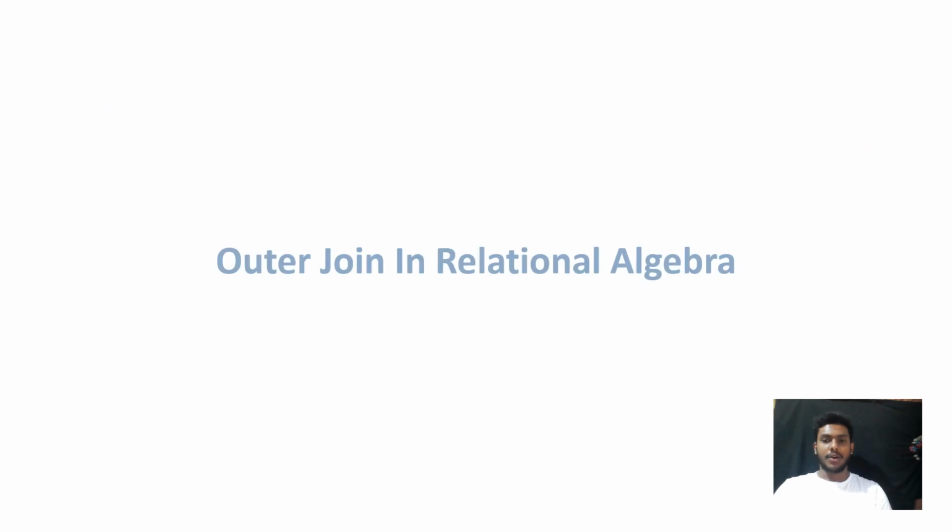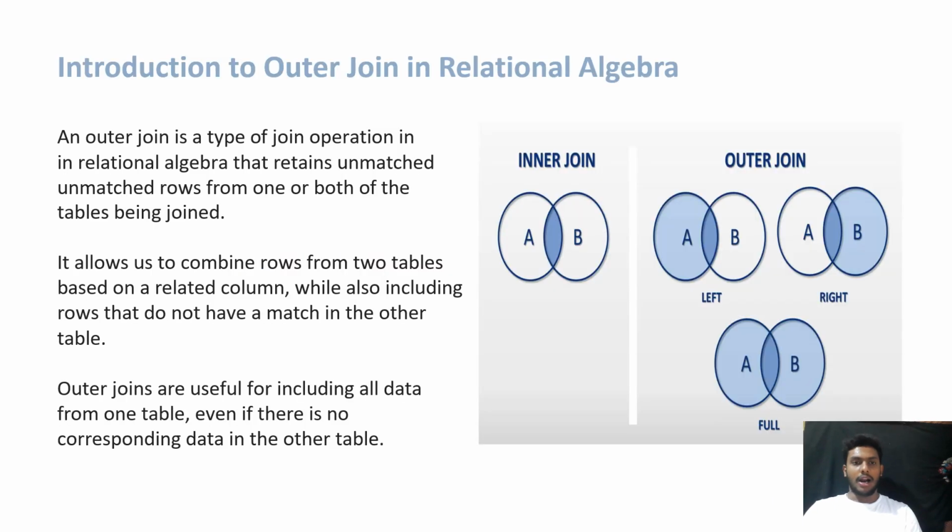Today in this video I am going to discuss outer join in relational algebra. Introduction to outer join in relational algebra. An outer join is a type of join operation in relational algebra that retains unmatched rows from one or both of the tables being joined.